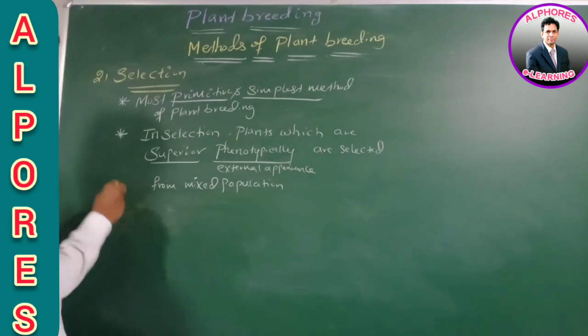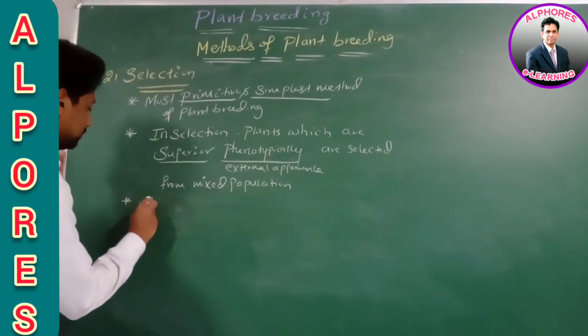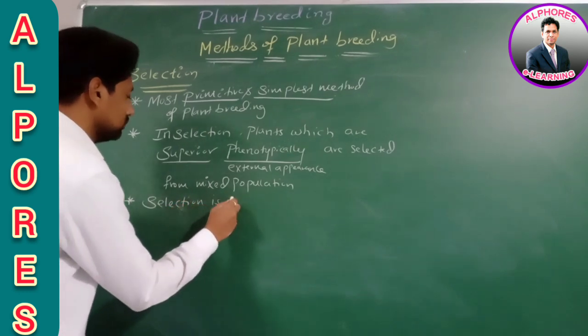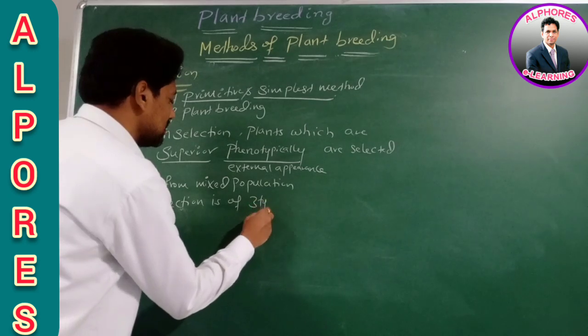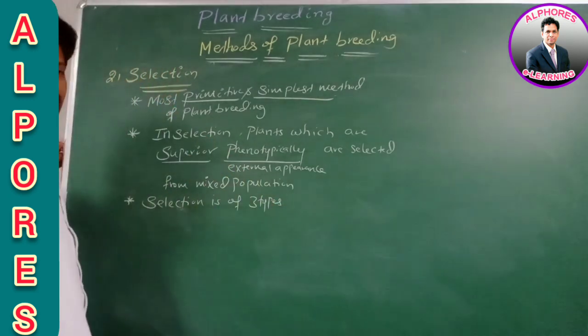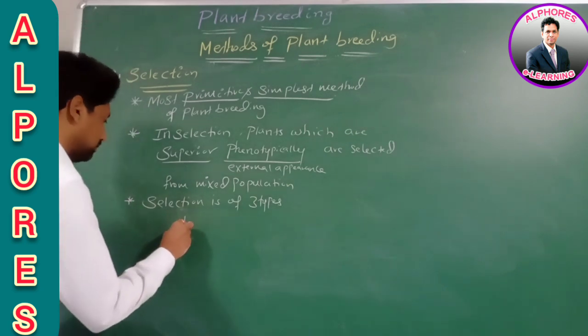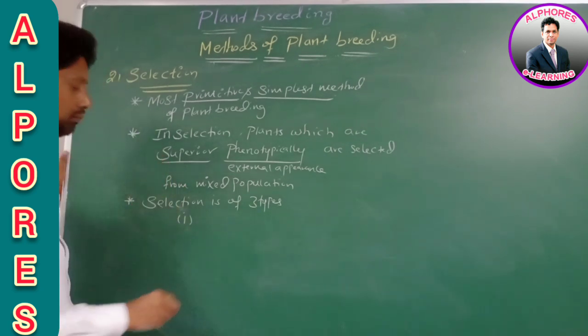Selection is of how many types, sir? 3 types. Sir, what are the three types of selections, sir? Number one, first one, pure line selection.